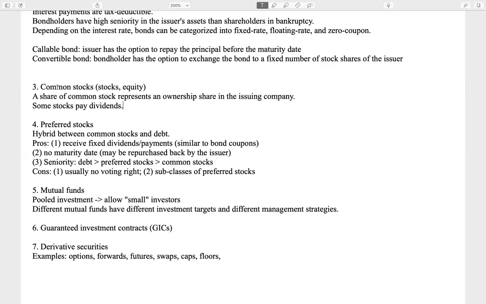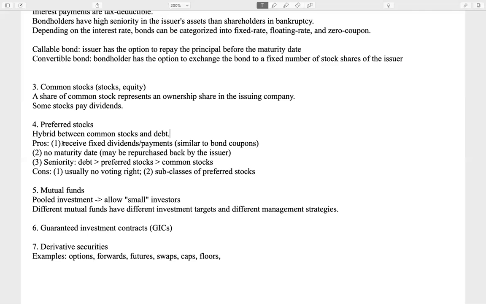Those you can trade on the exchanges. Preferred stocks are not exactly stocks. They are a hybrid between stocks and debt. I say they are hybrid because they share properties of both a common stock and a bond.